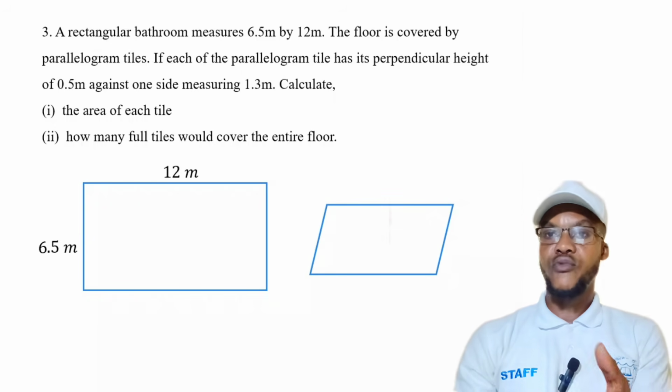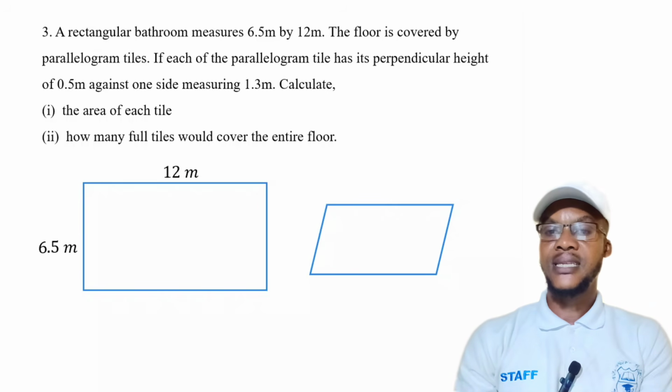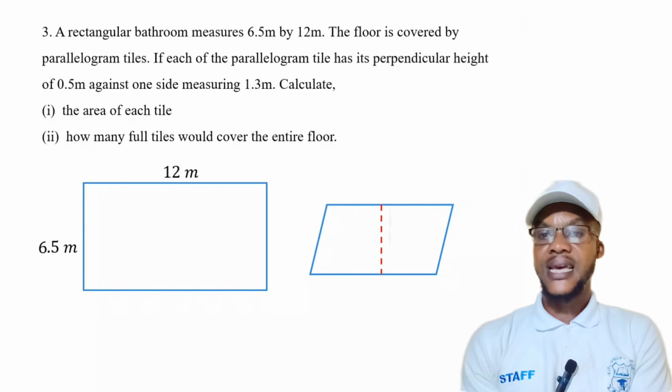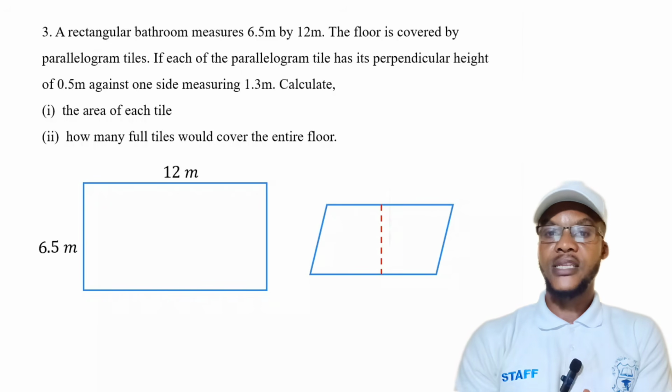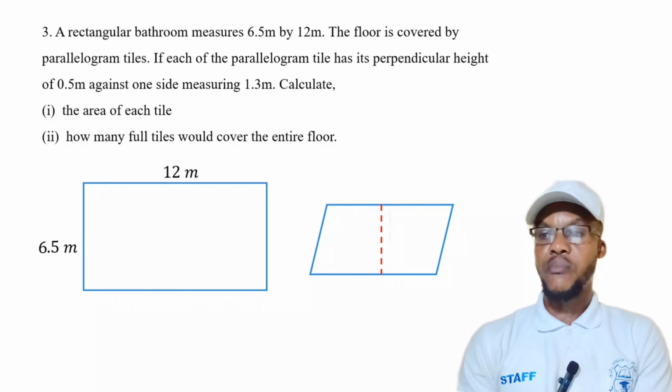Okay, and we all know what a parallelogram is. We know that if you take it, opposite sides are equal. So if that's the case, then we can find the height, because we are saying that it also has a perpendicular height of 0.5 against one side measuring 1.3.